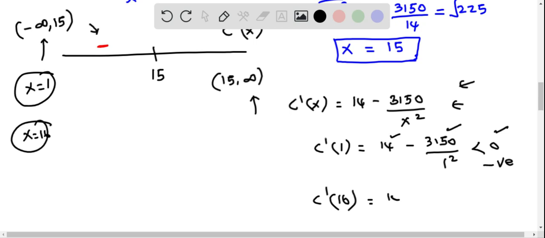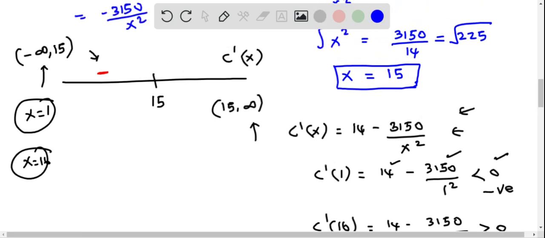This equals 14 minus 3150 over 16 squared. And when we plug this into the calculator, I'm sorry, we get a positive number. So basically the sign of the first derivative of the cost function is positive here. So we can put positive over here.